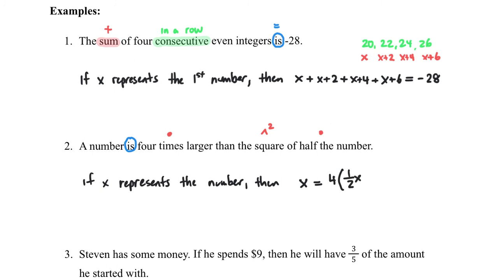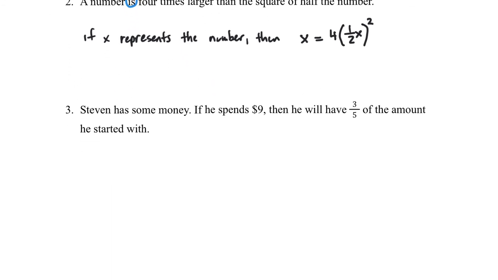So there's half the number, 1/2 x. There's the square of it. And then this is 4 times the square. Yeah, these are tricky. These are tricky.